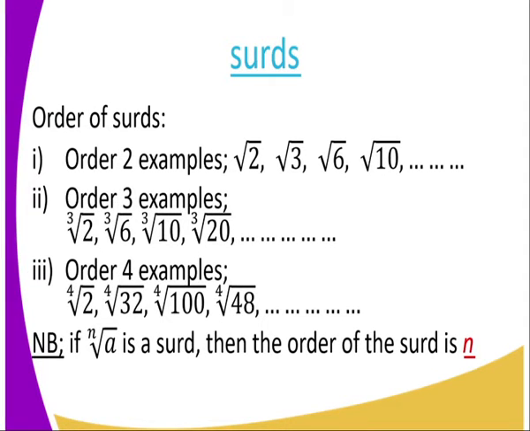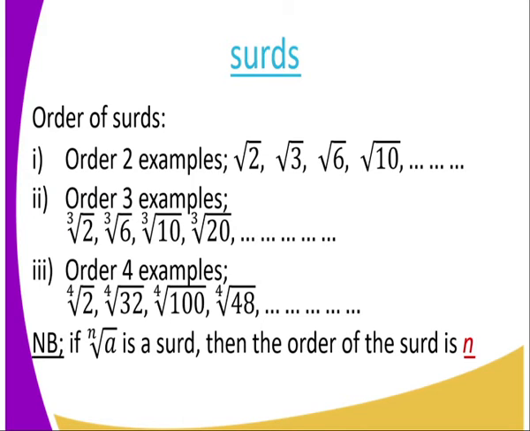Now, let us get the order of surds before we go to their operation. For example, we have the ones that we refer to as order 2. These are the ones that are written in that form: square root of 2, square root of 3, square root of 6, square root of 10. But the others that we refer to as order 3 are cube root of 2, cube root of 6, cube root of 10, cube root of 20.